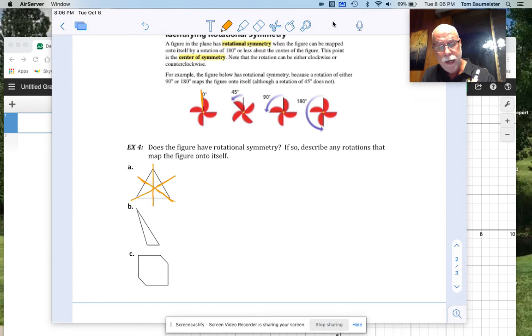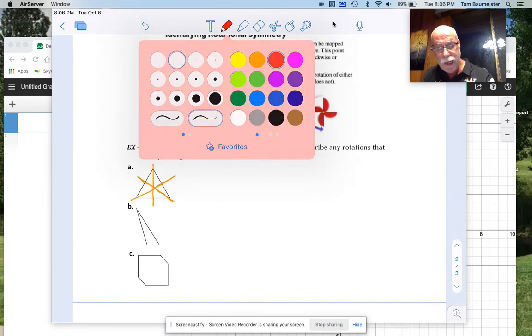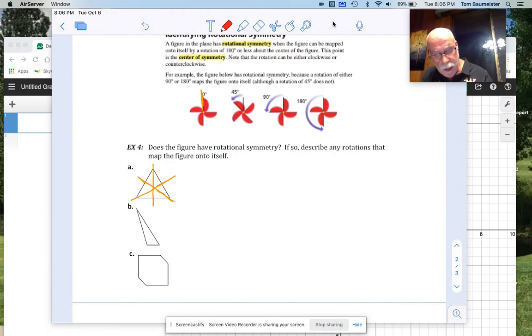Now, an easy way to remember it is how many lines did I draw? I drew 3. But again, you have to picture yourself rotating it. So if I rotate just this part here, it's not going to do anything, right?